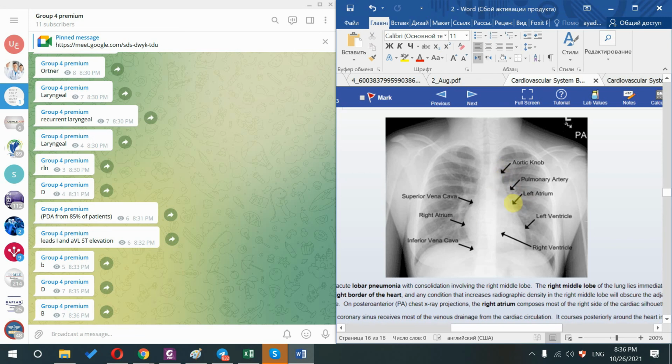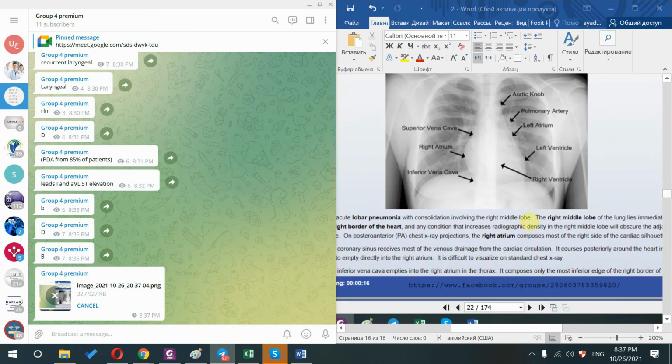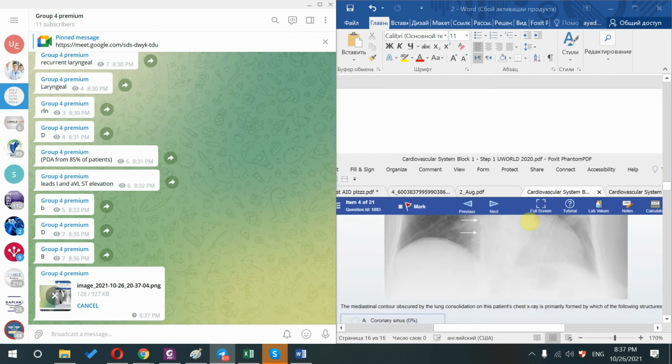If the left atrium enlarges, what will happen to the aortic knob? Correct, it will go up. This is your left ventricle, right atrium. So for those who don't have a screenshot of it, here you go. And I will be sending the whole file after the class.